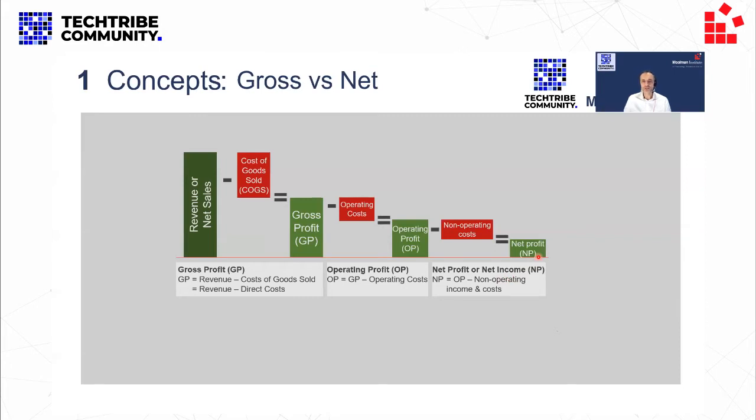So that's the difference then between gross profit and net profit. Gross is your profit after your direct costs, the direct costs that are directly related to delivering your product, your service, or manufacturing and delivering your product. Then you have the operating expenses and the non-operating expenses, and you get to your net profit, which is your final profit after accounting for all expenses in the business.